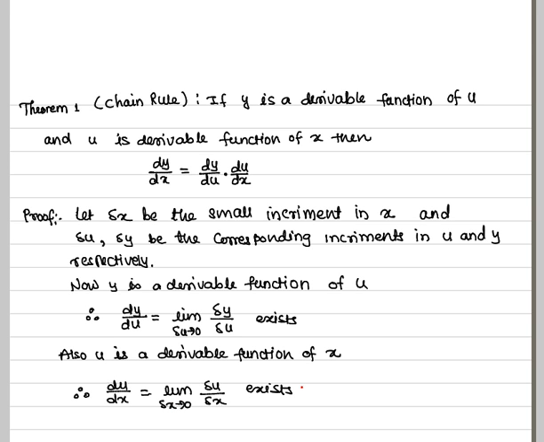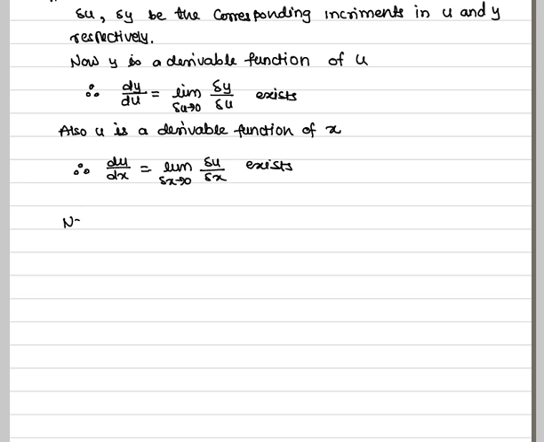Now we have to express the derivative of y with respect to x in terms of u and x. So like this. Now I may write delta y by delta x is equal to, just multiply and divide by delta u, so we get here delta y by delta u into delta u by delta x. Okay, so I have multiplied the numerator and denominator by delta u.